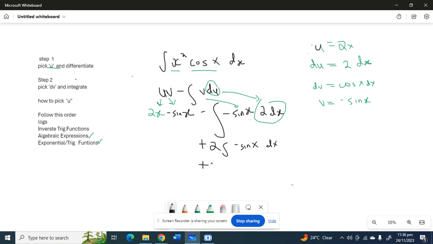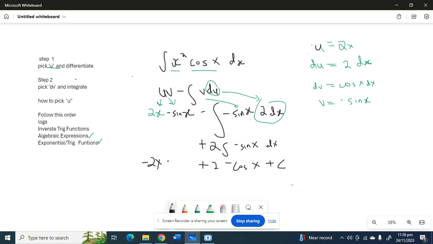So we're going to have 2. The integral of sine x is negative cos x. Since we have a negative, we're going to have a negative cos x plus c.